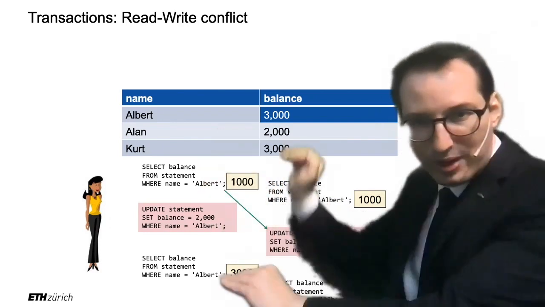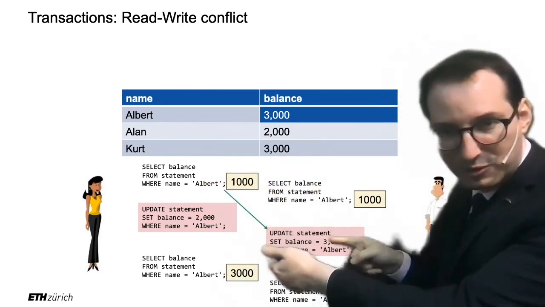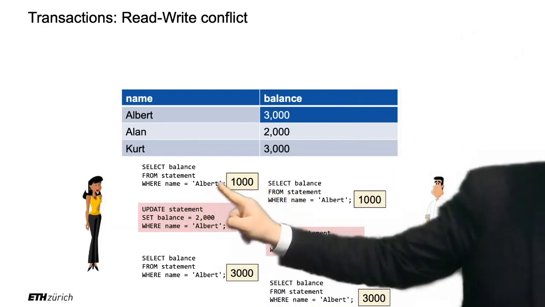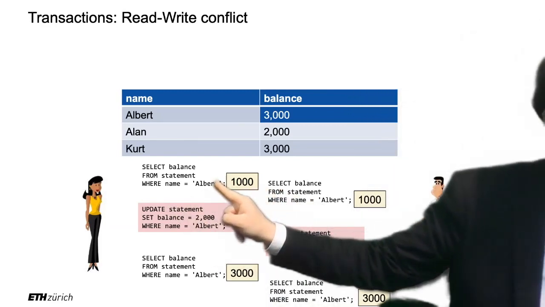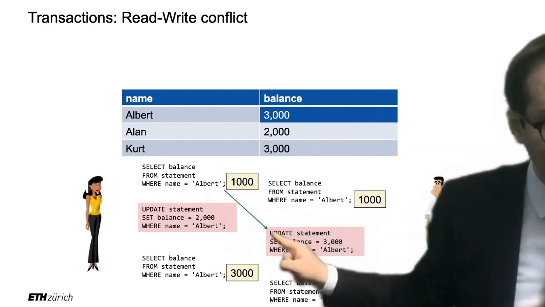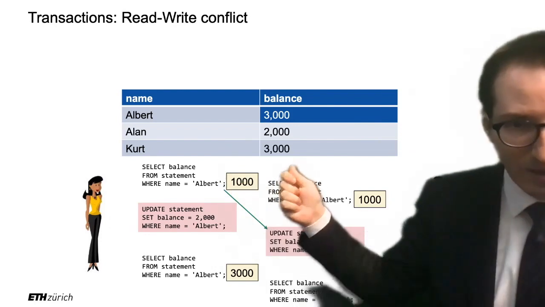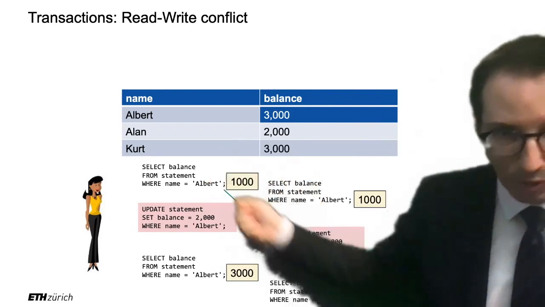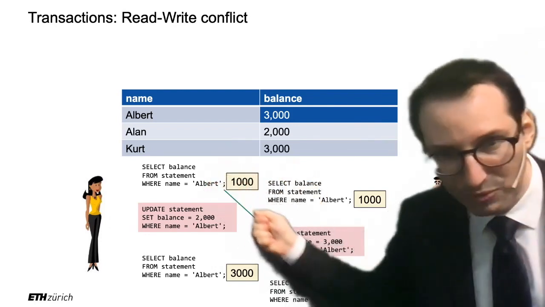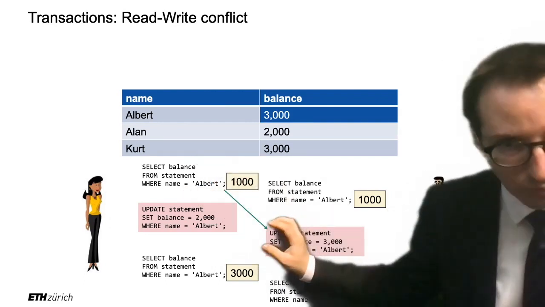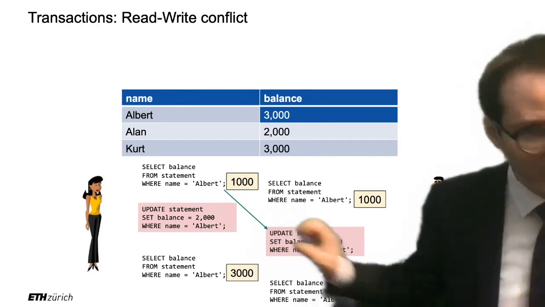Imagine that it was the other way around, that you first had this executed with set to 3,000 and then you read, then you would have had 3,000, right? It would change the result here. It depends if it's before or after. So this is why I put this little arrow here that basically enforces the order, that says the order is important. We read here before we write there. This is called a read-write conflict, okay?